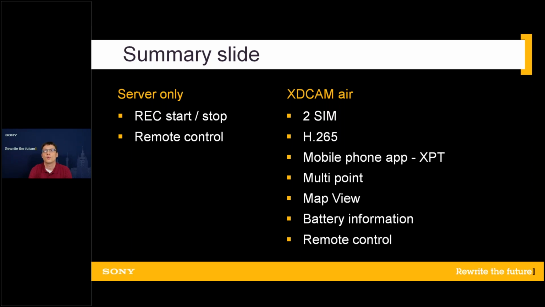I think also if you have a camera supporting H.265 like the Z280 or Z190 or the FX9 cameras, you have the H.265 support. You have also the support for the mobile phone application. That application is available on the Google Play Store or on the Apple Store. There is no price on that. It's a part of the XDCAM Air subscription. You also get the multi-point distribution and the battery information of the camera with the remote control.